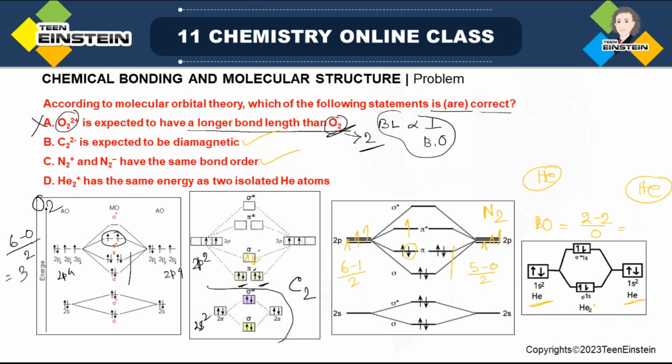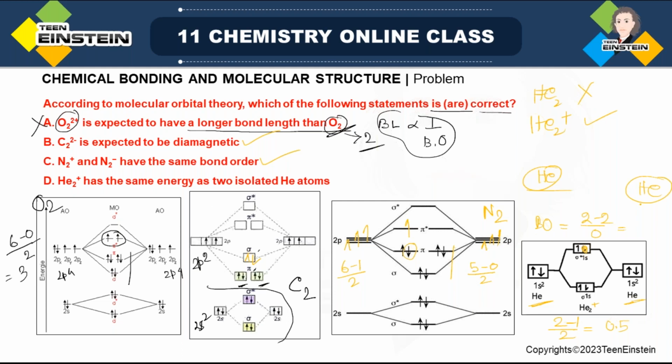But if you consider helium 2 plus, that means this electron will not be present, and the bond order will be 2 minus 1 by 2. That means half. So unlike diatomic helium 2, which does not exist, helium 2 plus can exist. But we cannot say that helium 2 plus will have the same energy as 2 isolated helium atoms. So it is not possible.